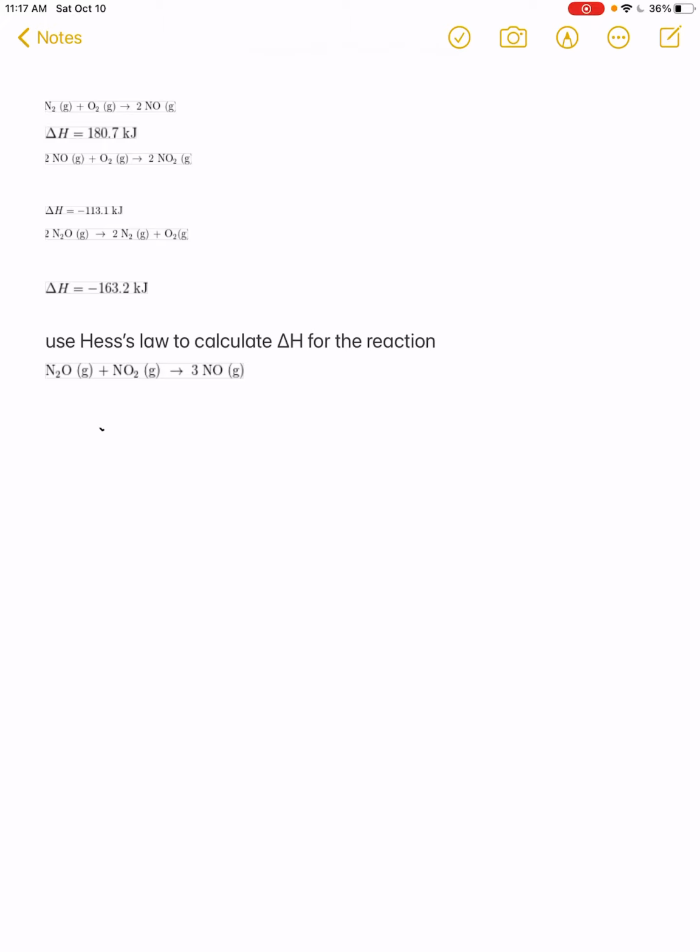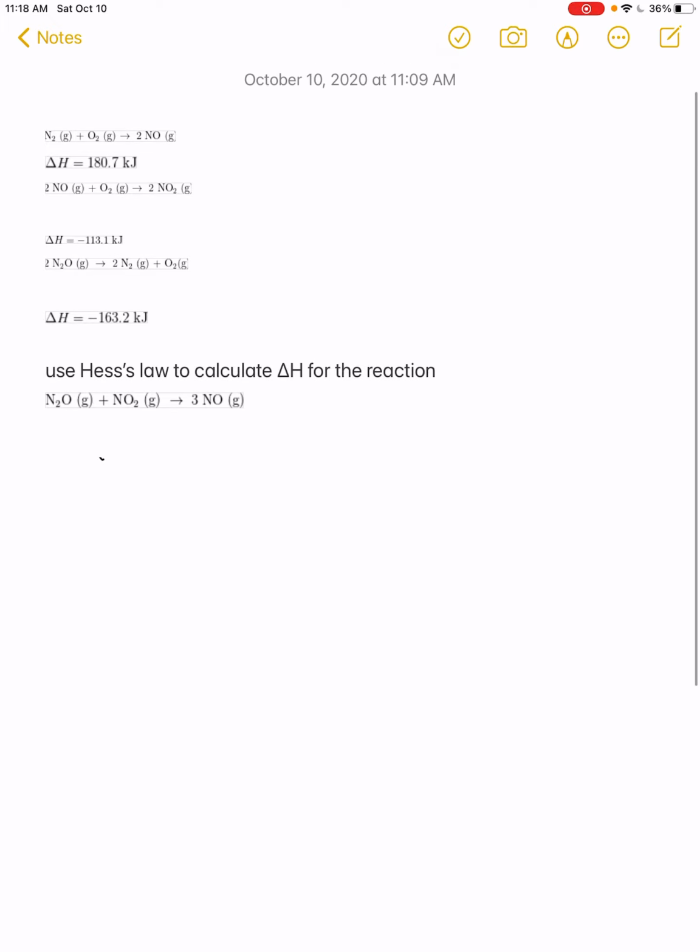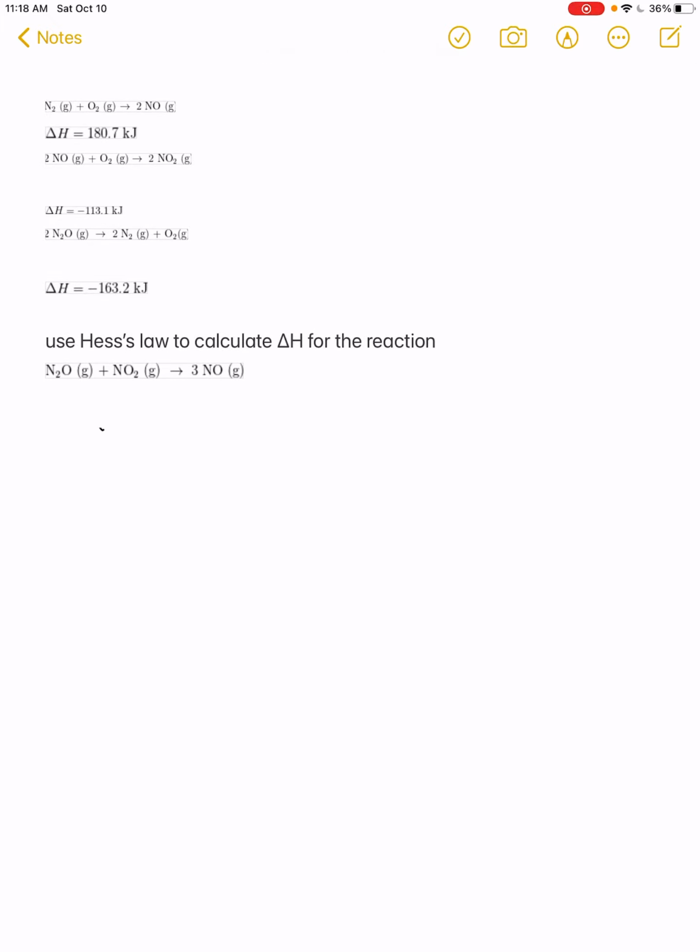We are going to use Hess's law to calculate delta H for the reaction dinitrogen monoxide N2O plus nitrogen dioxide NO2 goes to 3 nitrogen monoxides NO. Up above it, we have delta H's or heats of reaction for 3 other reactions.